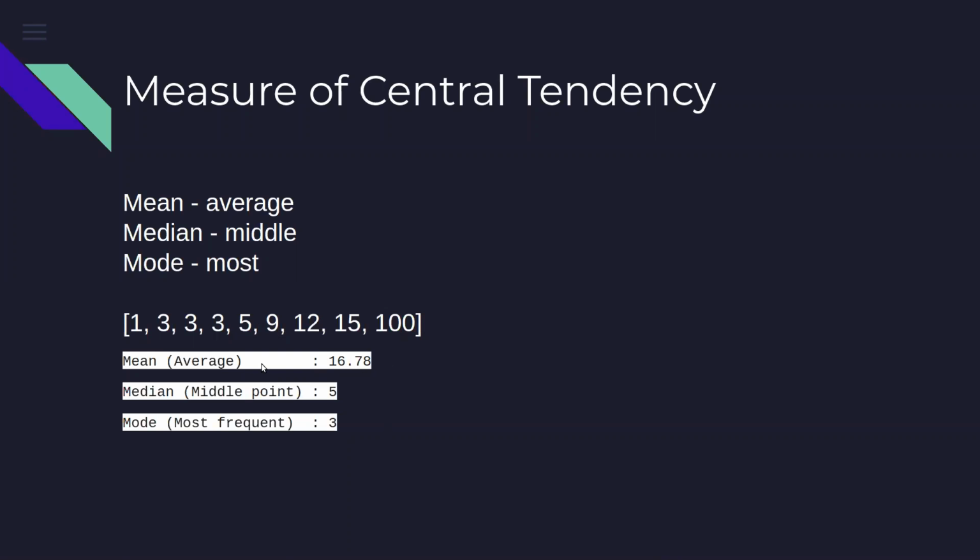So the mean is subject to disproportionate influence by some very large number, which we'll see how to identify. And that's the problem with mean.